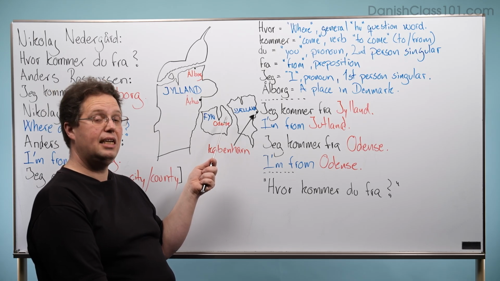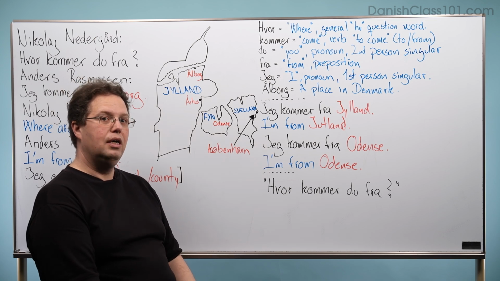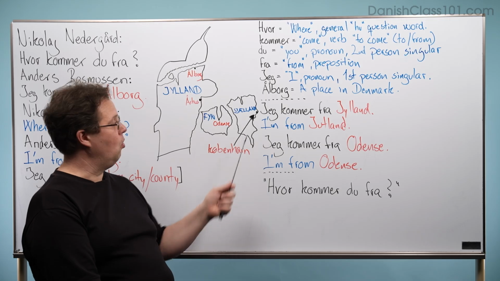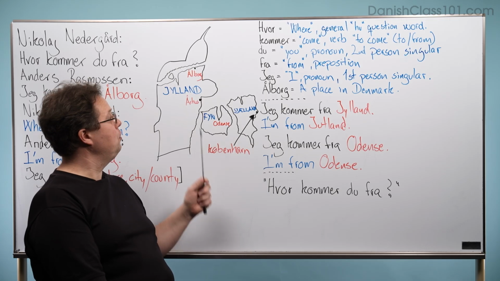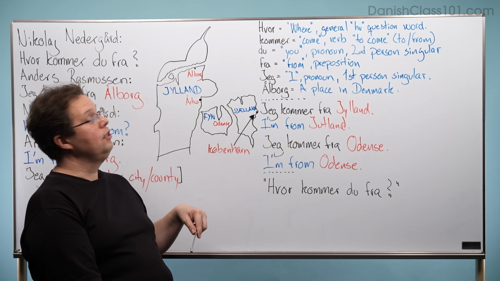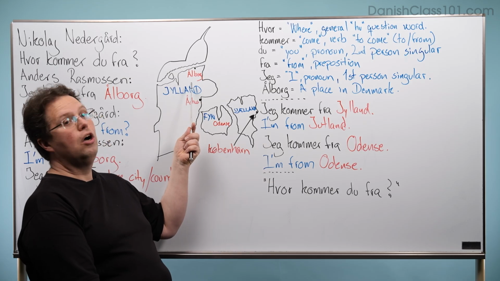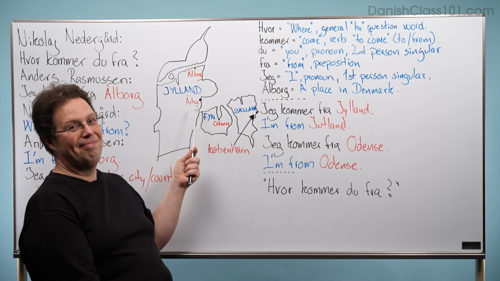In English, Sealand. And the four main cities that you should know is the capital on Sjælland called København. On Fyn, we're looking at Odense. And in Jylland, we need to know about Aalborg in the north and Aarhus.